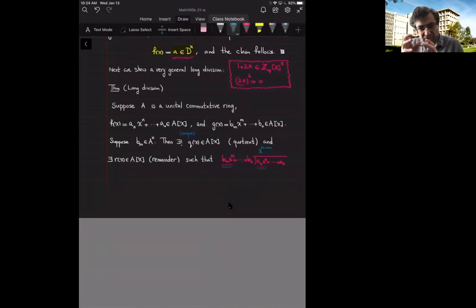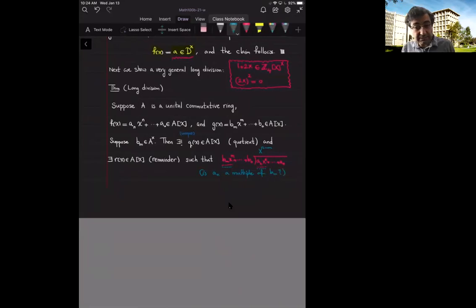So far I've matched the x part. Now I want to match the coefficients. So I'm answering now this linear equation: can I write down a_n as a multiple of b_m?